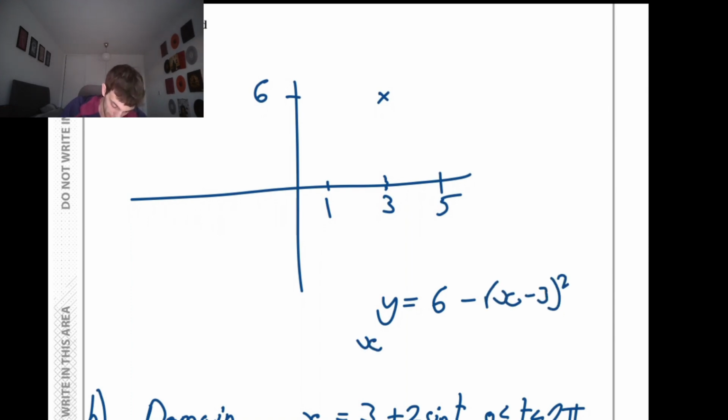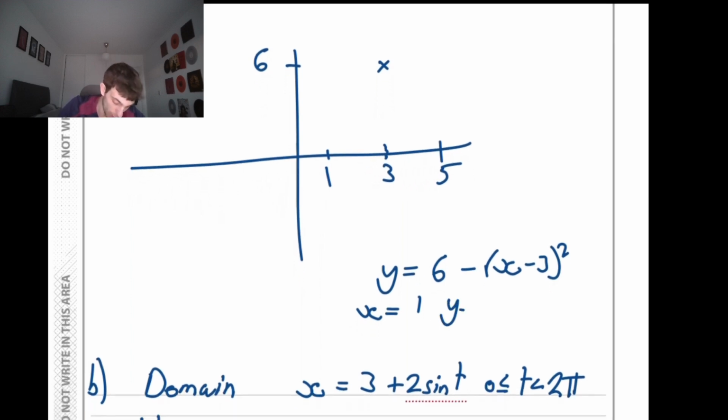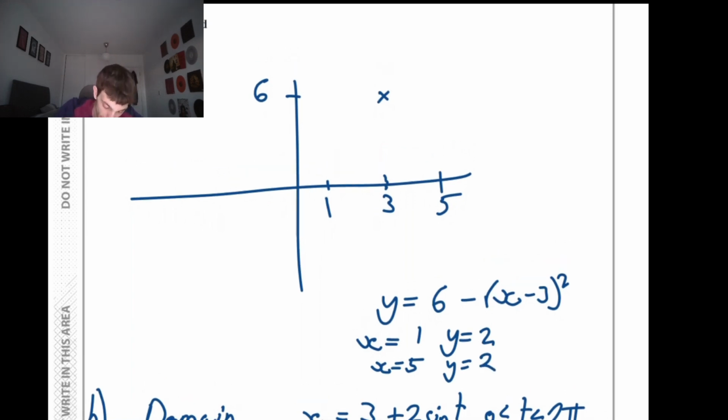So if we plug in x equals 1, we have 6 minus, so that's 1 minus 3 is minus 2, and 2 squared is 4. 6 minus 4 is 2. So when x equals 1, y equals 2. And then when x equals 5, this is quite rough, guys, just hoping this makes sense. When x equals 5, we have 5 minus 3 in the brackets, which is 2. 2 squared is 4. 6 minus 4, once again 2. So we know at x equals 1 and x equals 5, our y value will be 2.